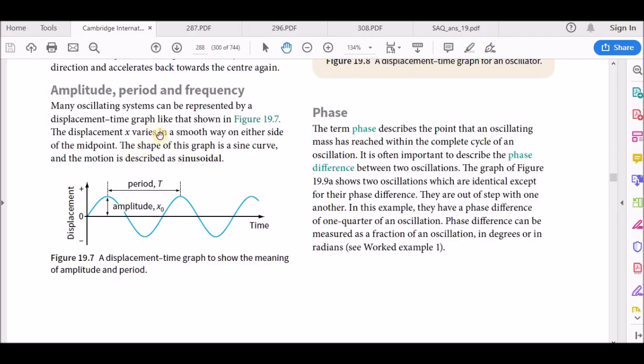The midpoint is the center, or the equilibrium position. The shape of this graph is a sine curve and the motion is described as sinusoidal. Why sinusoidal? Because the shape is a sine curve. If it's the shape of a sine or cosine curve, we say it is sinusoidal. This displacement-time graph shows the meaning of amplitude and period.